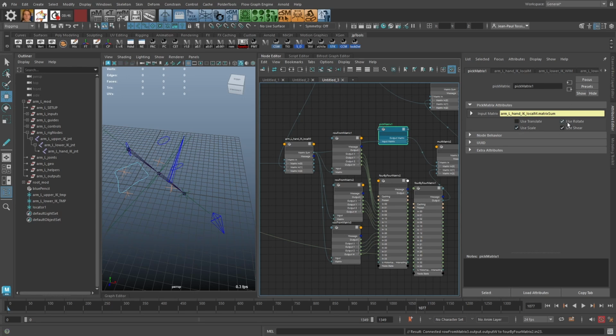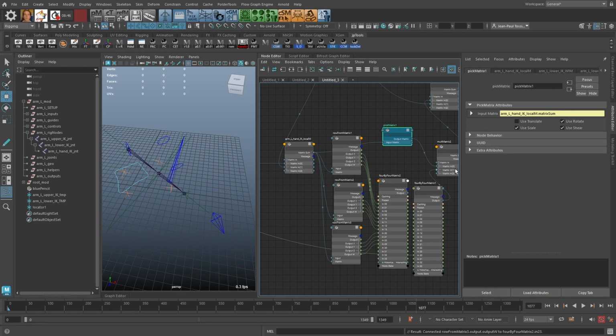And if you uncheck rotate, depending on if you have shear or scale unchecked or checked, it will take the length of the vector and multiply it with the basis vector x as it is not rotated, and apply the shear as well to this vector. So depending on what you have checked and unchecked, less or more math happens within the pick matrix node.